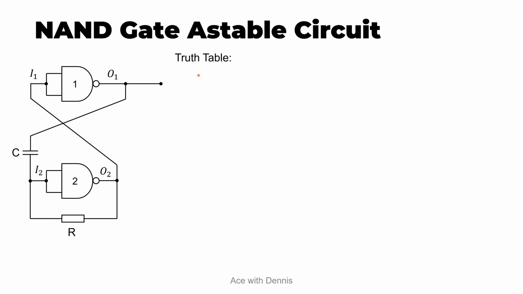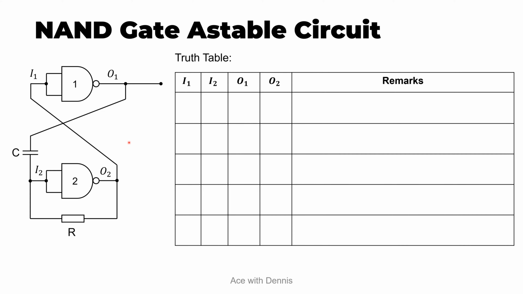So let's build the truth table of this circuit. In the initial state, the input 1 is 1, which means that output 1 is 0 because this is the equivalent circuit of a NOT gate. And output 2 will be 1 since output 2 will always be opposite of output 1. And input 2 will be 0, because again this is the equivalent circuit of a NOT gate.